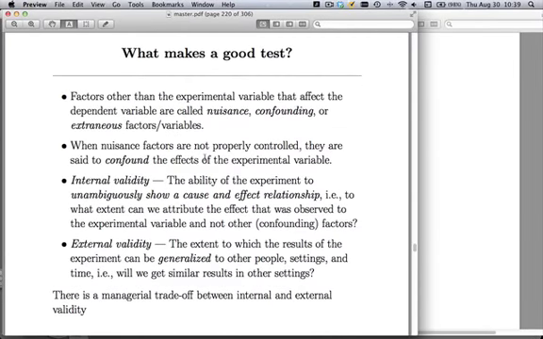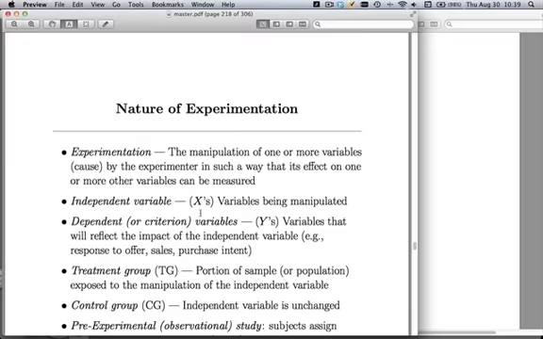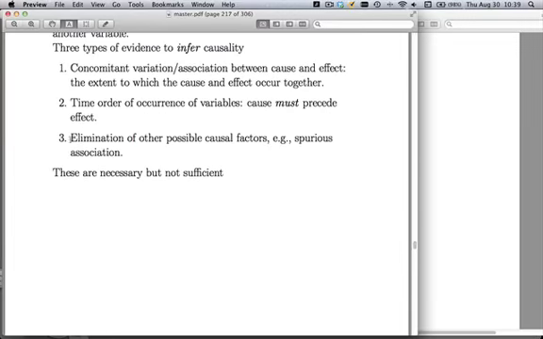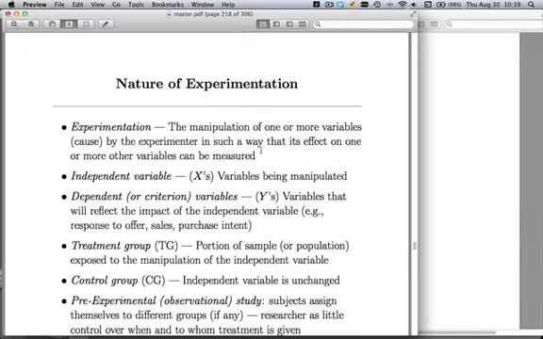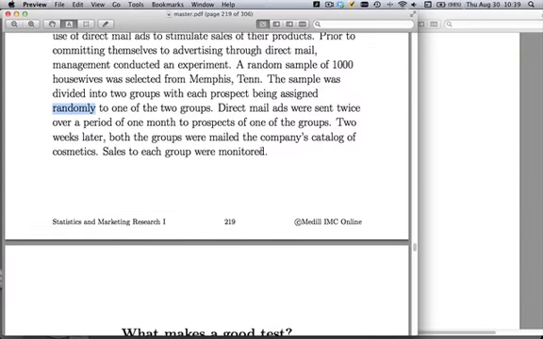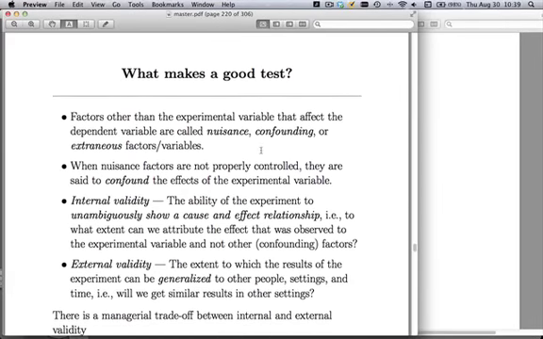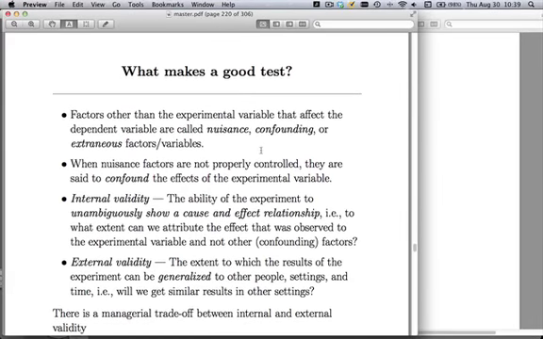What makes a good test? Well, a good test is one where we don't have to worry about number 3. So we don't need to worry about spurious factors. That's one thing that makes a good test. So these spurious factors are also called nuisance factors.